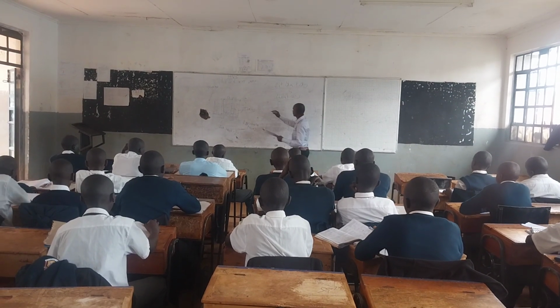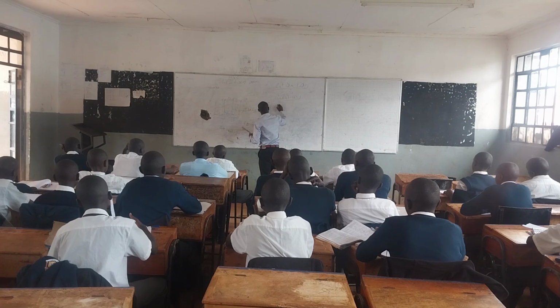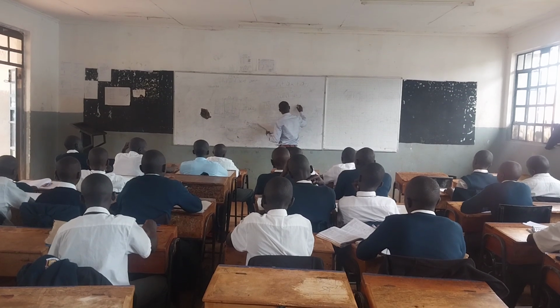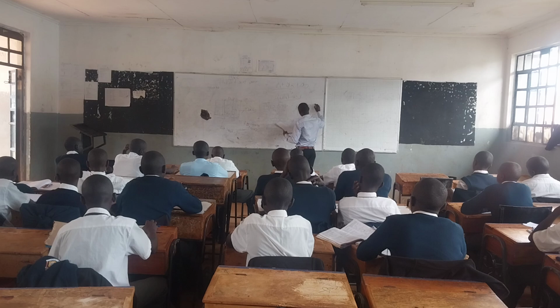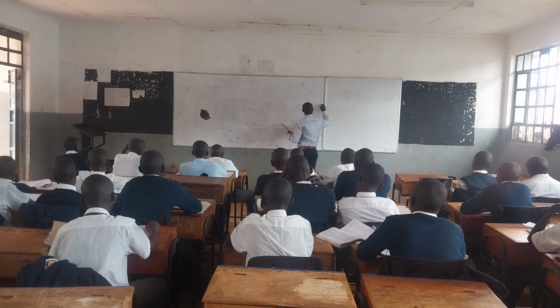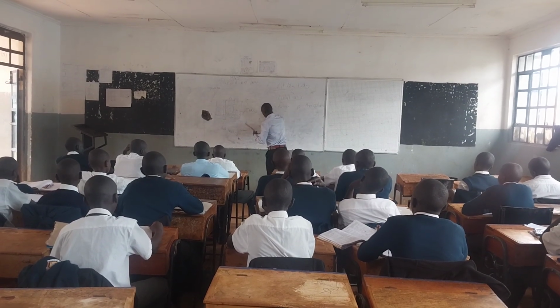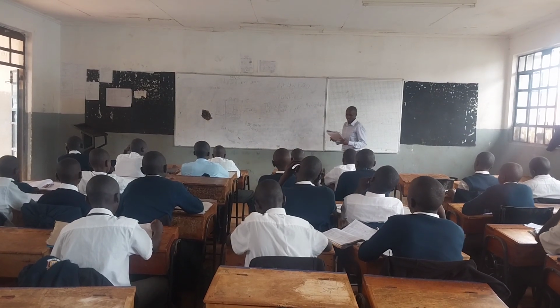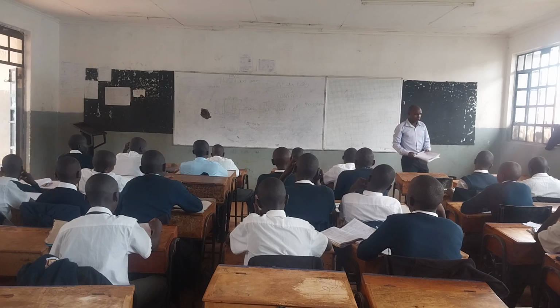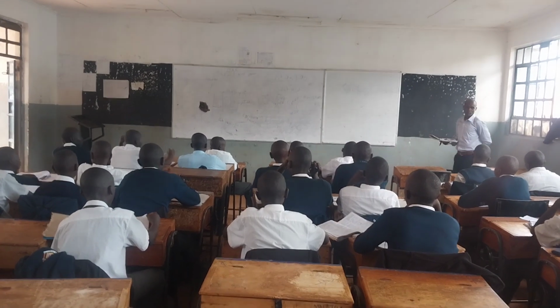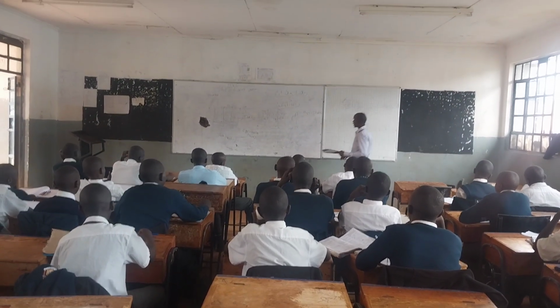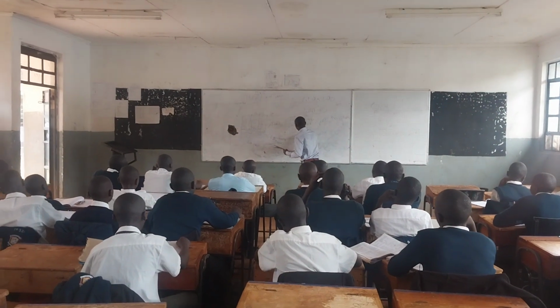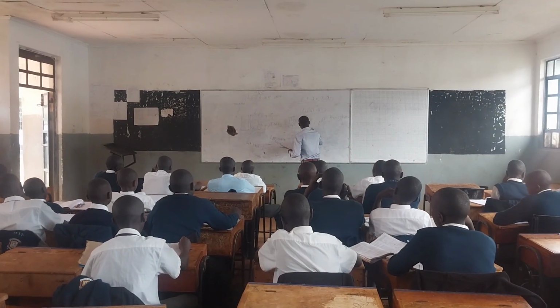The volume of the spherical drop is like finding the volume of a sphere. What is the volume of a sphere? 4/3 pi r cubed.